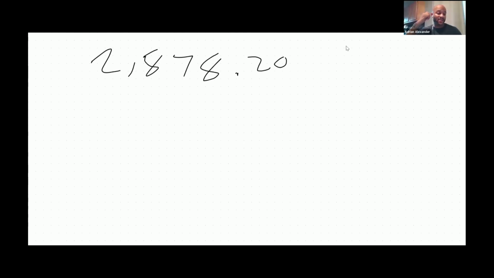So that number, I've actually lowered it to that. Look at what I did. I took your 2878.20 divided by 20 visits, because 5 days a week is 20 visits.